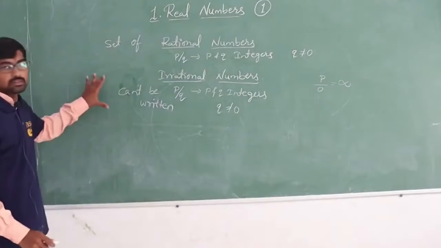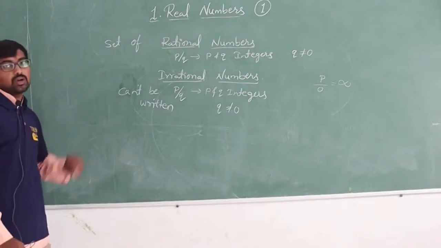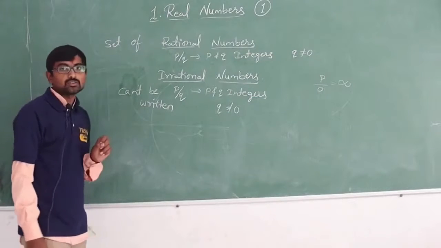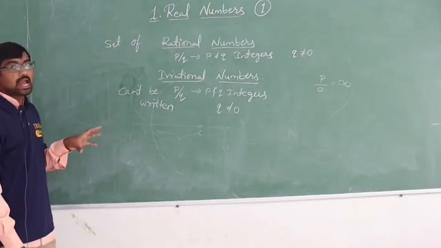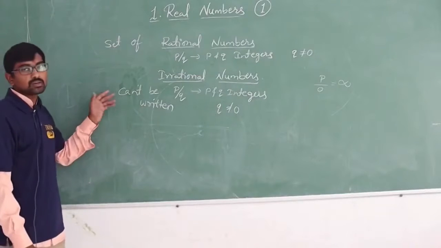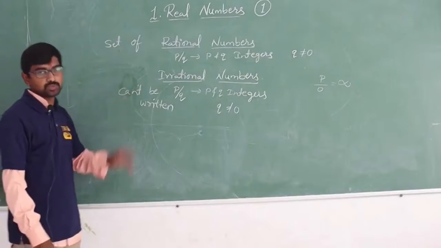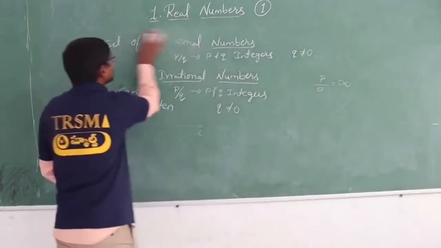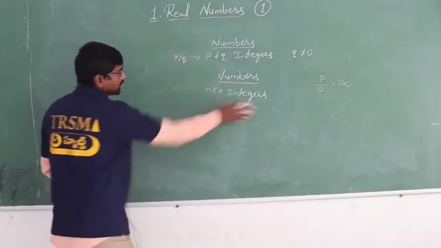This basic definition you have discussed in previous classes. In this class we are going to discuss what are rational and what are irrational, and their types.